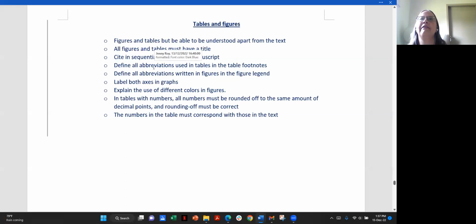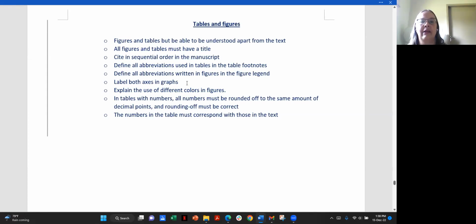Very important, define all your abbreviations that are in the table footnotes. It's hard to remember and to then go back and wade through all that text to find where was that abbreviation, what does it mean? Please put that in. The other thing that's important is any abbreviations in figures must also be explained in the figure legend. I'll show that to you now.